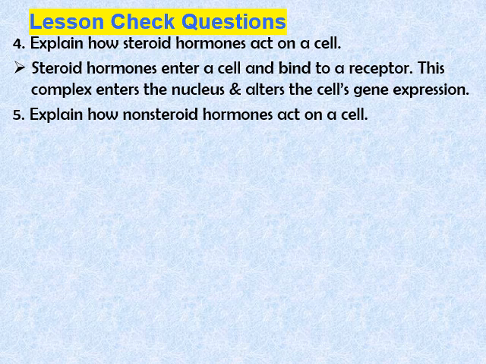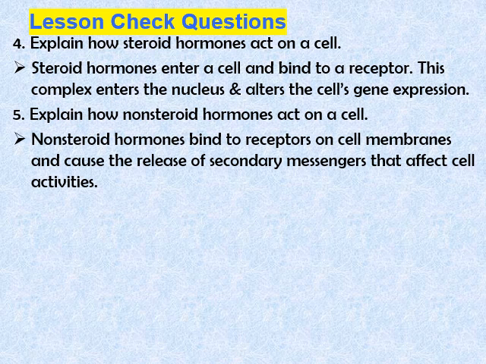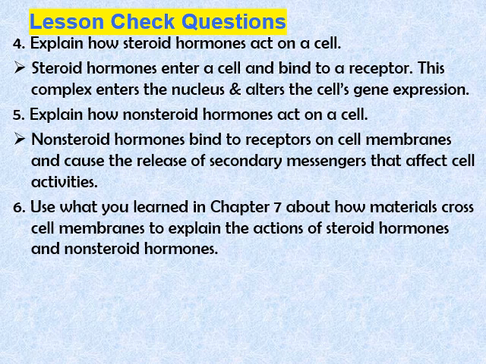Question number 5. Explain how non-steroid hormones act on a cell. Non-steroid hormones bind to receptors on cell membranes and cause the release of secondary messengers that affect cell activities. And finally, use what you learned in Chapter 7 about how materials cross cell membranes to explain the actions of steroid hormones and non-steroid hormones.